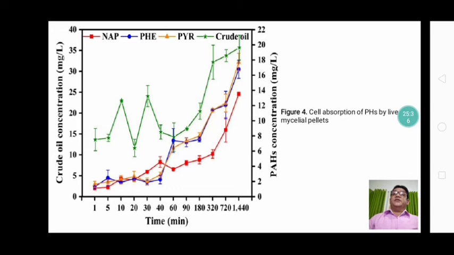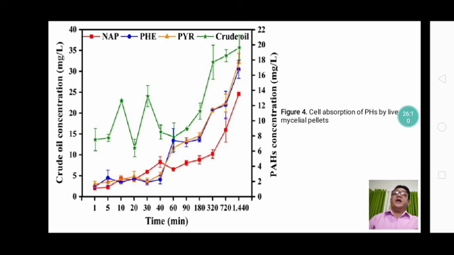Mycelia pellets exhibited a remarkable capacity for absorbing crude oil, naphthalene, phenanthrene, and pyrene. After 60 minutes, absorption capacity increased with time, as you can see in figure 4. The highest absorption percentages of crude oil, naphthalene, phenanthrene, and pyrene by mycelia pellets amounted to 35.7%, 67.7%, 83.9%, and 88.9% at 1440 minutes, respectively.